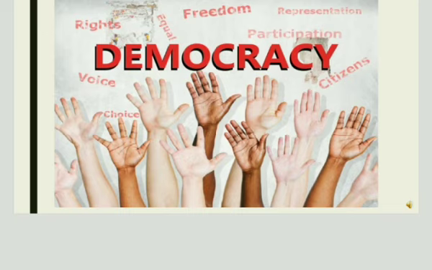They are free to move in any part of the country. They are free to speak, but it should not be violent. They can choose their representatives through elections, and there is mass participation by the adult people of India, who have the right to vote.